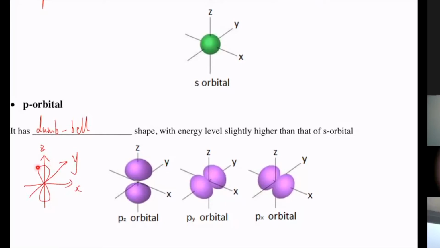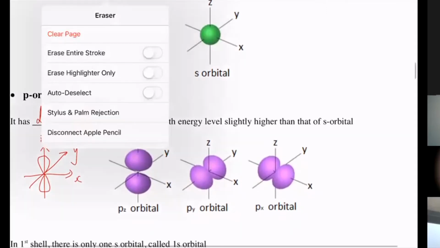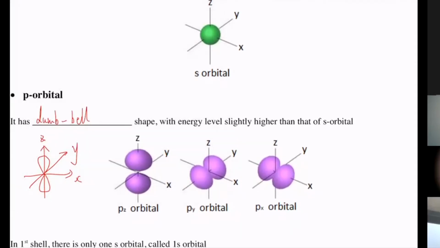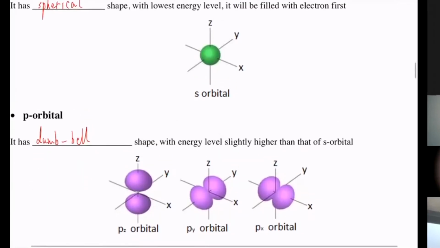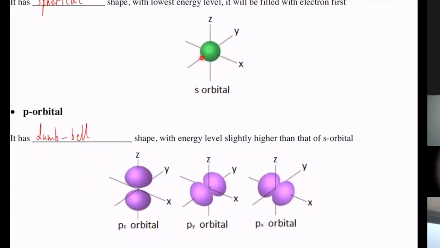So this one is a pz orbital. For the py orbital, you can either change how you label the axis, or you could draw your dumbbell along the y-axis like this. So there are different ways to draw it. But remember, you will be asked to draw the shape of the s orbital and the pz, py, px orbitals.